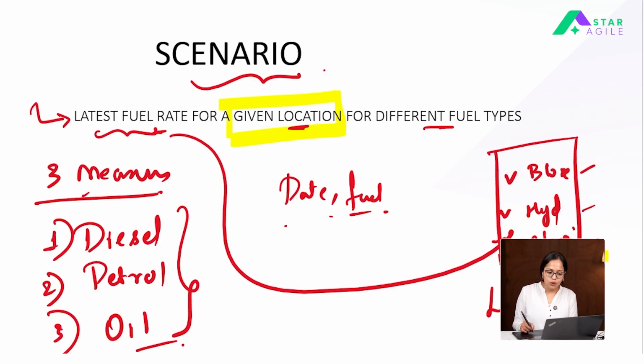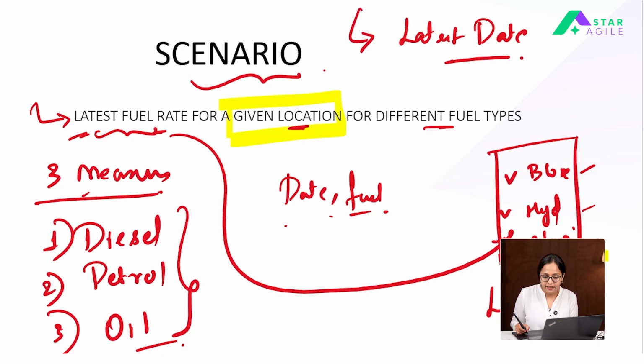So we have to write a particular scenario, which brings us to this thing wherein the fuel rate is going to get reused. Why is it going to get reused? Because in order to understand this scenario, we have to calculate the latest date, right?